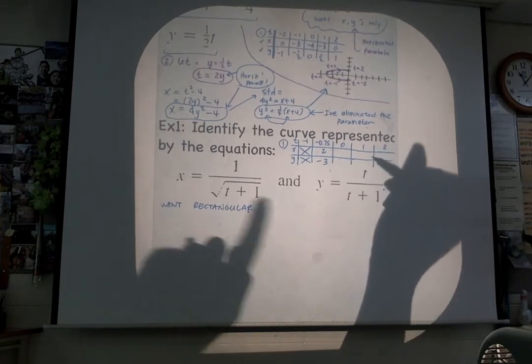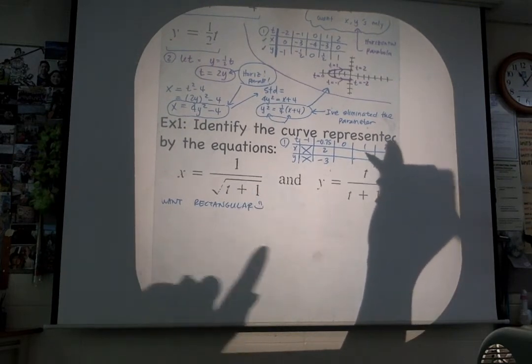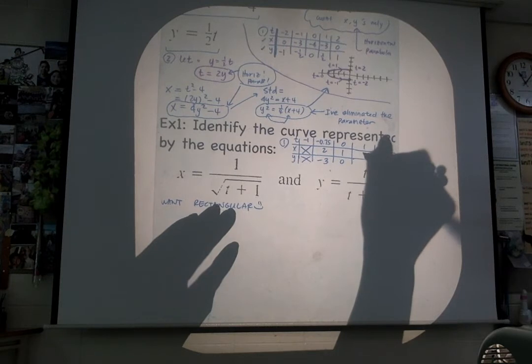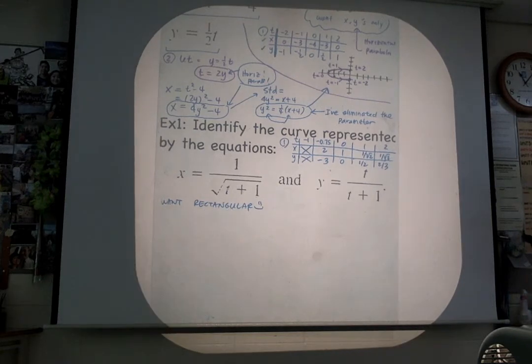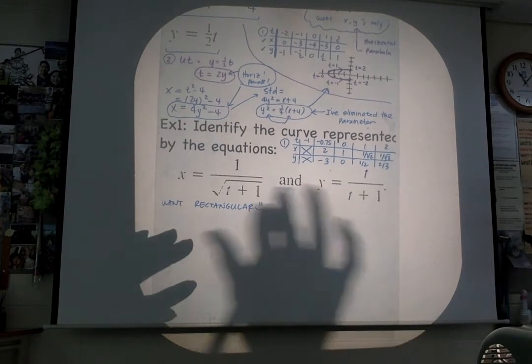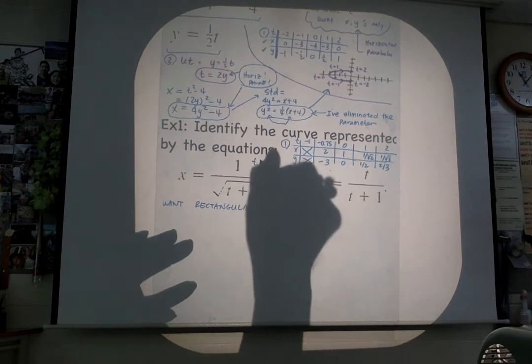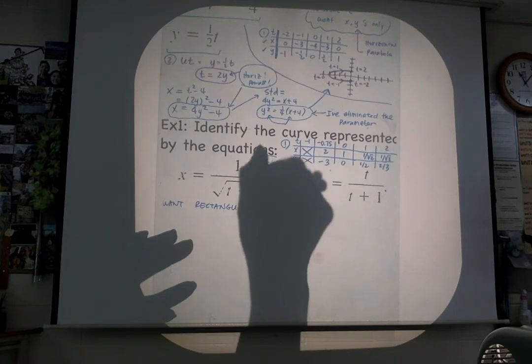When I plug into the respective parametric equations, here's what I end up with: 1, 0, 1 over root 2, 1 over 2, 1 over root 3, and 2 over 3. I've already graphed this for you, and I have to specify that t has to be greater than negative 1.